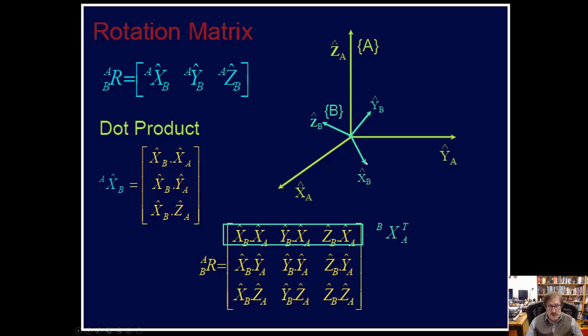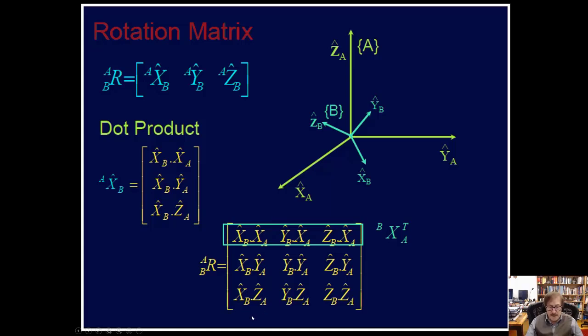So the projection of XB along XA is simply XB dot XA. Similarly, its projection along the YA axis is XB dot YA, and finally its projection along the ZA axis is XB dot ZA. And this, as we know, is the first column.